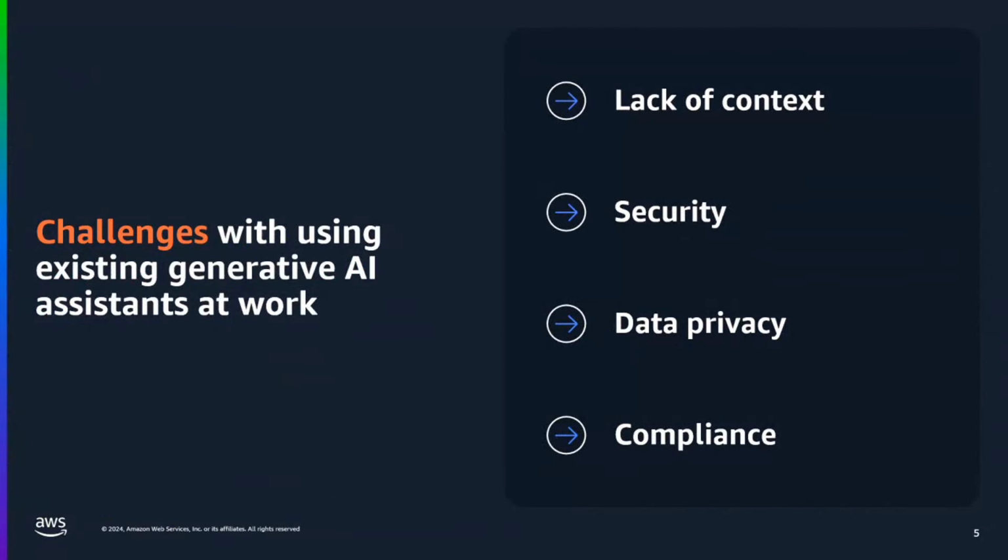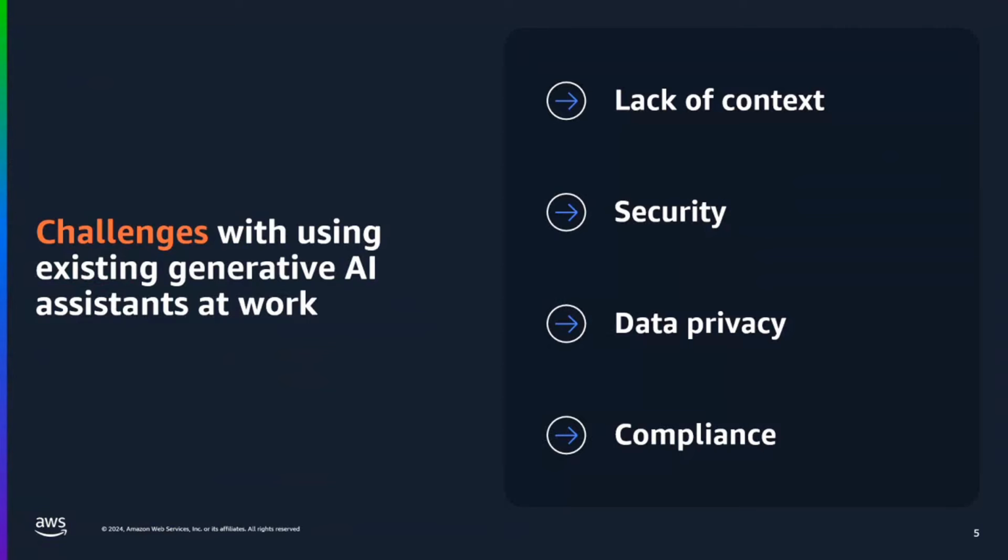So when you talk about generative AI applications, it's important to look at the typical challenges that you see with general purpose applications. A lot of times, these generative AI applications or chat assistants in the industry lack customer context. They don't understand your data or your code, or do not provide any insights from your own organization's data.